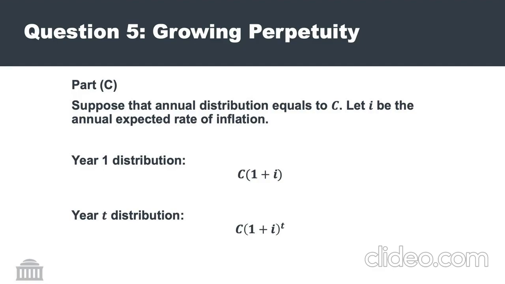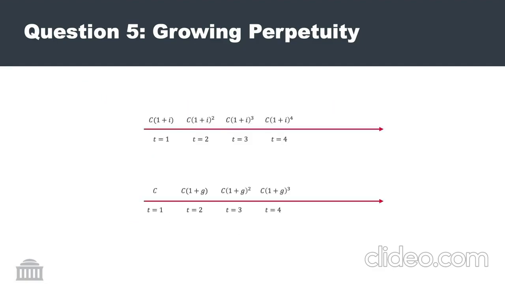Let's put these distributions on the timeline. For comparison, let's also draw a stream of payments that represent a regular growing perpetuity. Notice that the two streams look alike with one difference. For a regular perpetuity, the first payment in year 1 is C, and the second payment in year 2 is C times 1 plus G, where G is the growth rate.